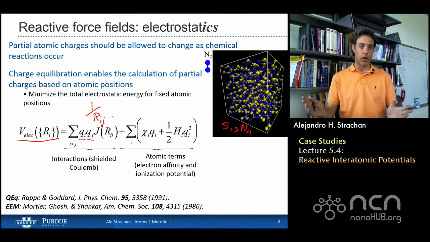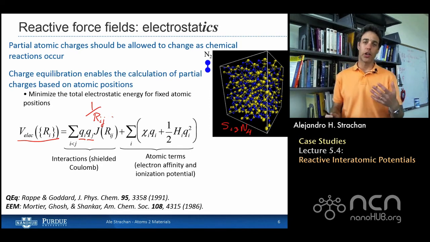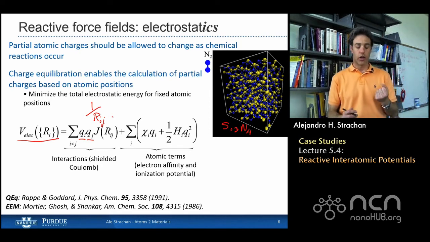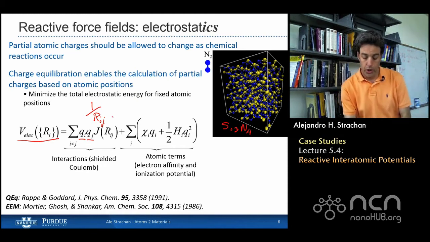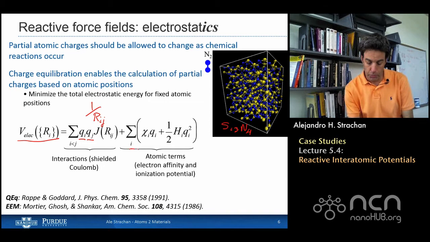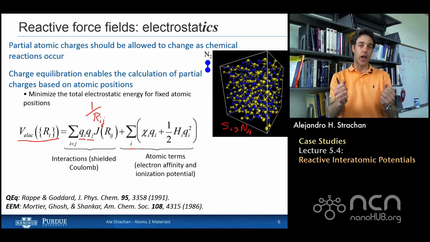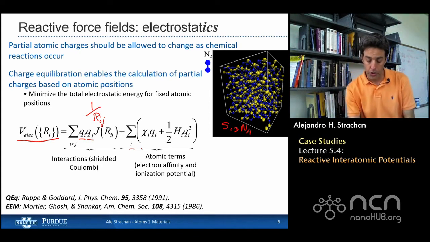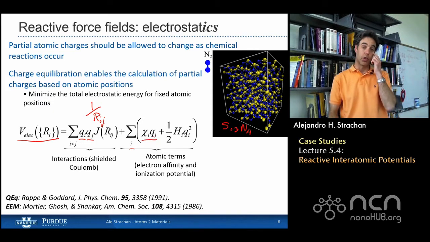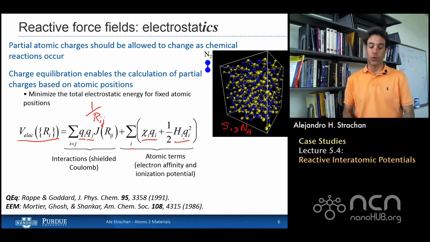And the second term in the total electrostatic energy is essentially how much energy you have to give or take from an atom in order to change its charge. Okay, so it's a sum over all atoms of how much energy it costs to have that atom have charge Q sub i. We do a Taylor expansion up to second order. We have a term that's proportional to the charge and a term that's quadratic with the charge.